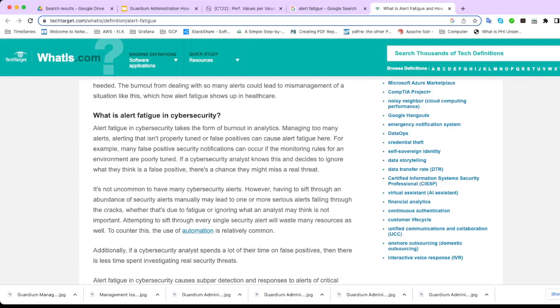There are plenty of articles on alert fatigue. But here, for example, what is alert fatigue in cybersecurity? And here it says managing too many alerts, alerting that is not properly tuned or false positives can cause alert fatigue.